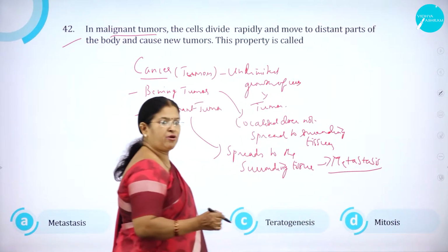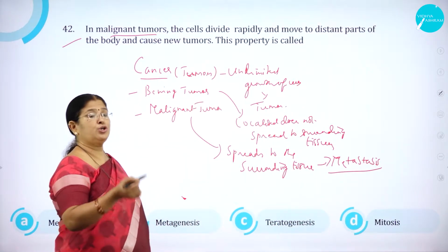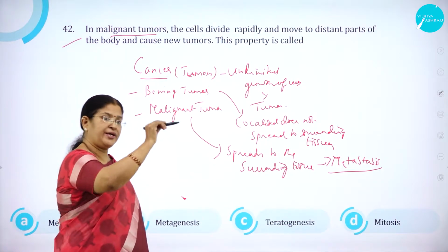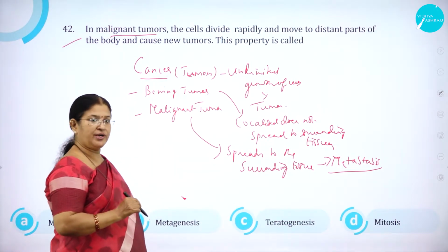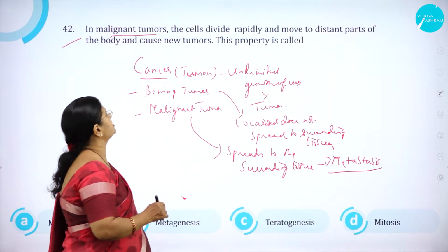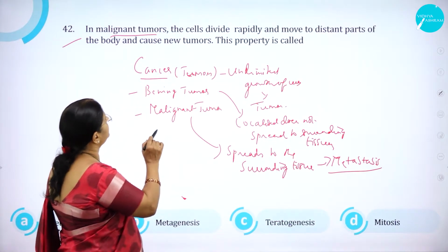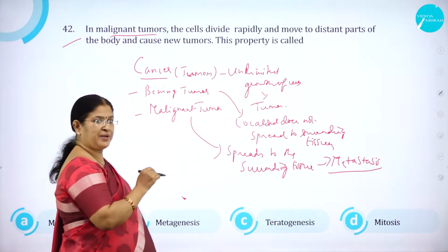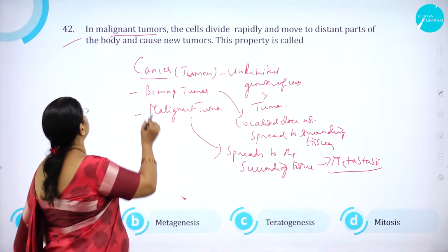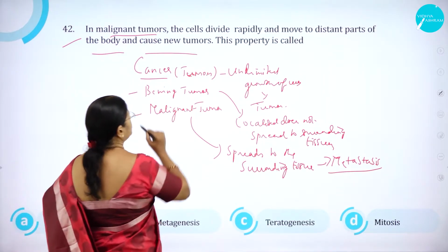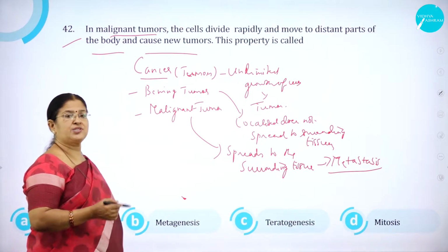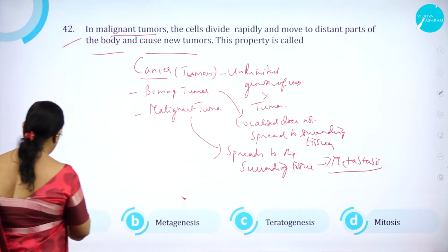This property of cancer cells not to remain localized but to spread to the surrounding area or tissue is called metastasis. So in malignant tumor, the cells divide rapidly and move to distant parts of the body and cause new tumors. This property is called option A, metastasis.